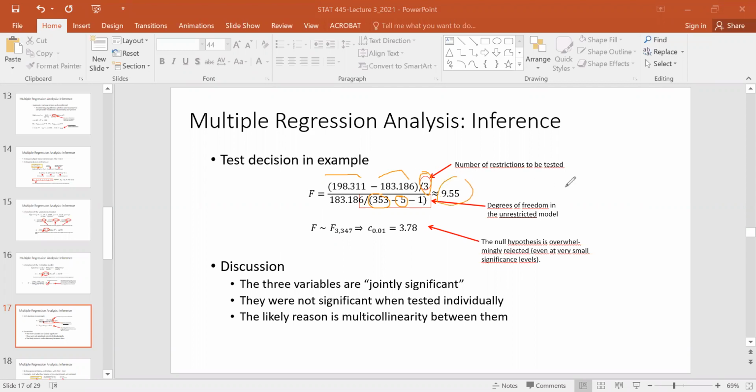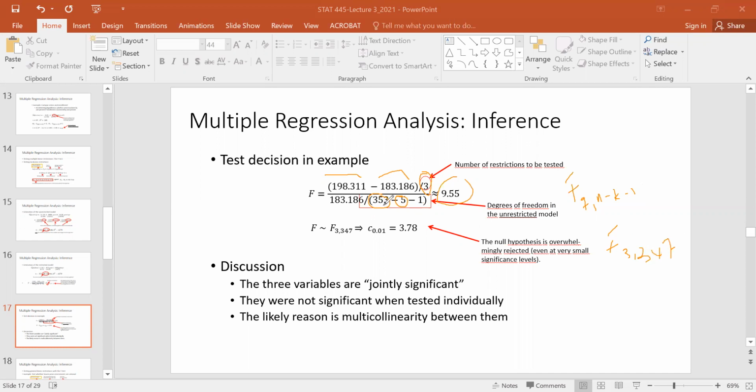So you are supposed to read F with Q, N minus K minus 1 degrees of freedom on the F table. That is F 3. What is N minus K? That is 347, right?